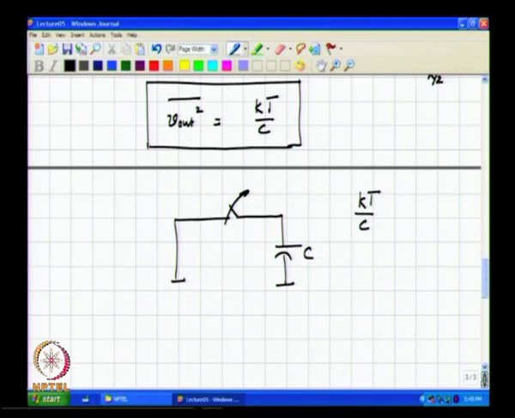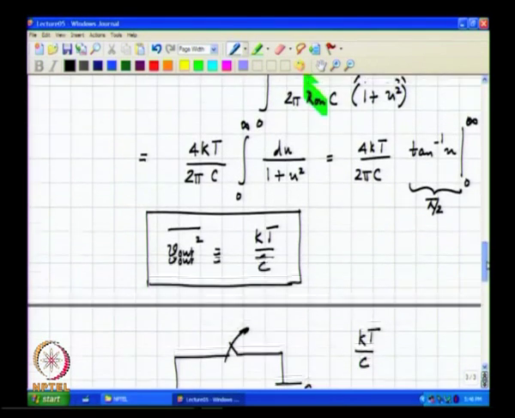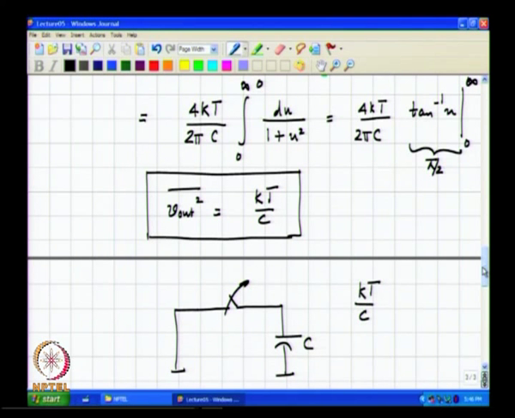Now, let us spend a couple of minutes staring at this and see why this might make sense. One thing that is very intriguing is that the mean square noise sampled on the capacitor is independent of R_on, but what is the mechanism that is producing noise?